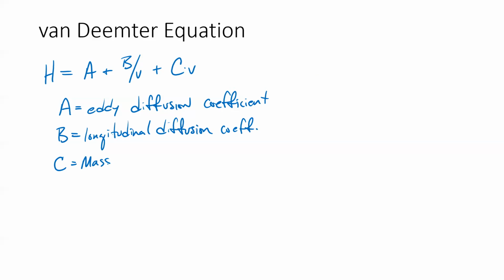And so this is a mass transfer rate constant. V here is the linear flow rate, the linear velocity of our mobile phase.